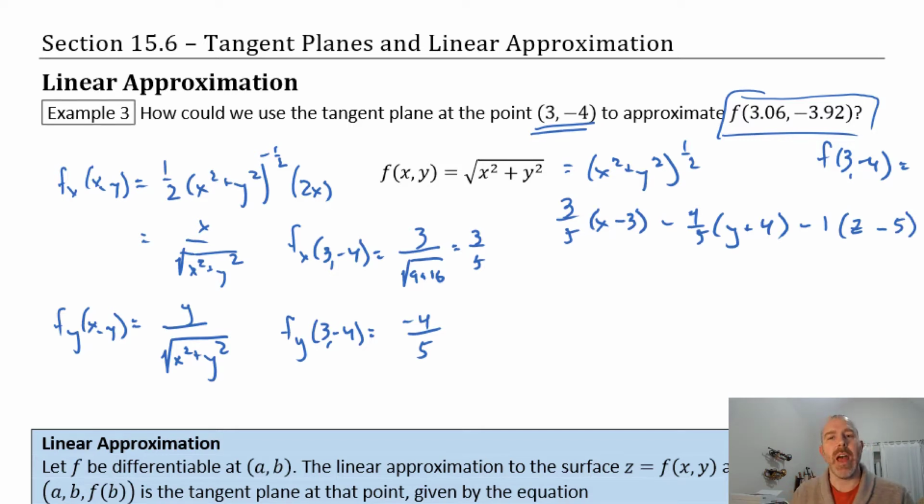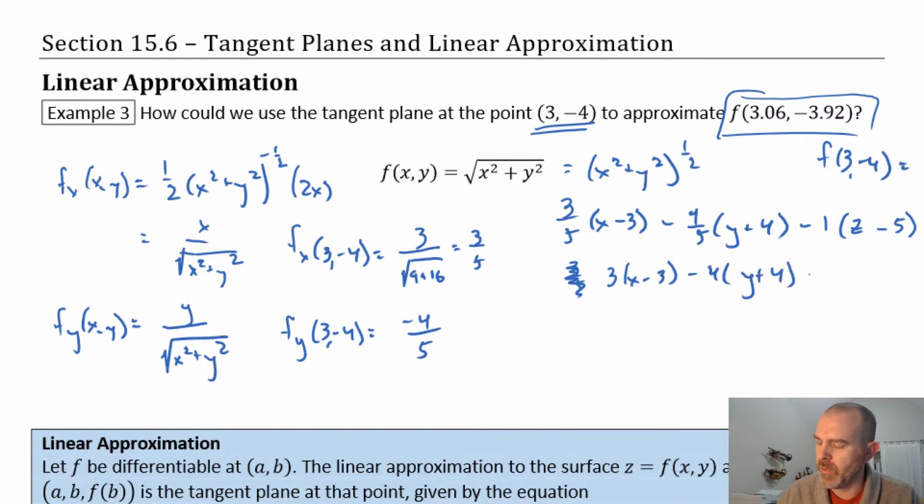And what I'd like to do right now is solve for z and see what this would look like if we take this tangent plane and find z as a function of x and y. Let's clear fractions, multiply everything by 5. So 3 times (x minus 3) minus 4 times (y plus 4) minus 5 times (z minus 5). That's 3x minus 9 minus 4y minus 16 minus 5z plus 25.